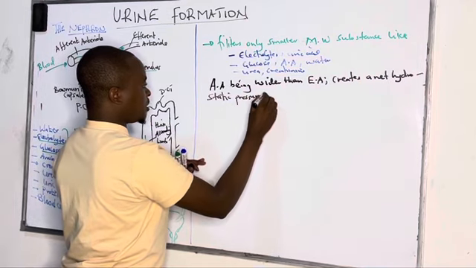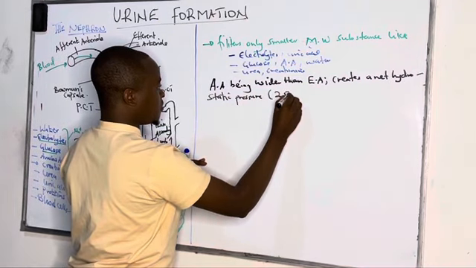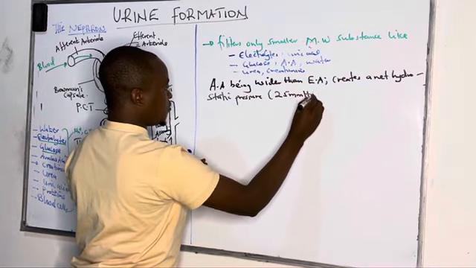And this net hydrostatic pressure is of 25 millimeters of mercury.